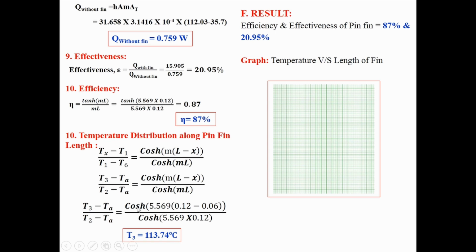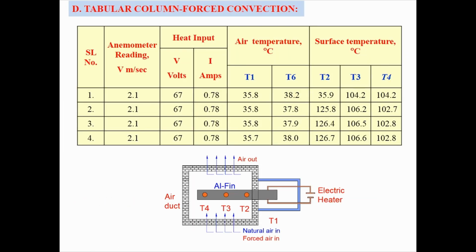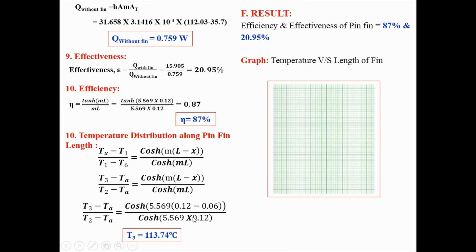Now cos hyperbolic m is 5.569 into (L is 0.12 minus x). What is x? I want the temperature at the center. The total length of the given metal fin is 120 mm, so if I want the temperature exactly at the center, x is half of that 120 mm, that is 0.06 in meters.